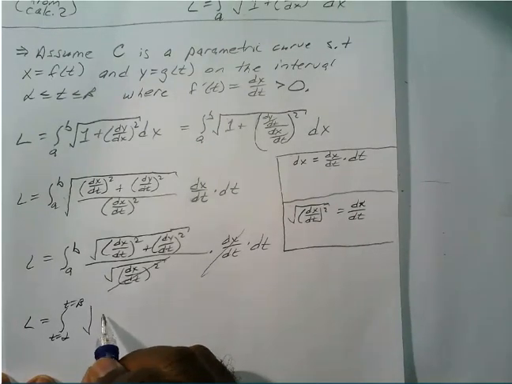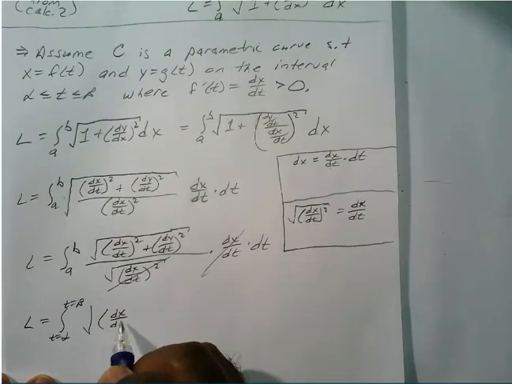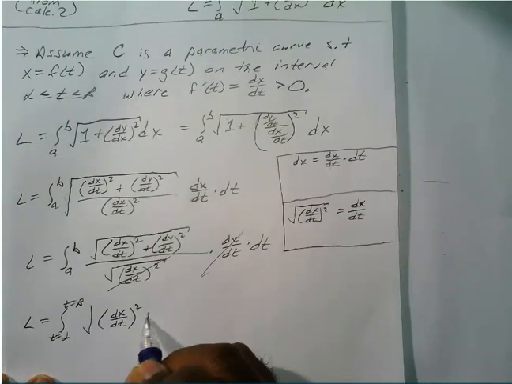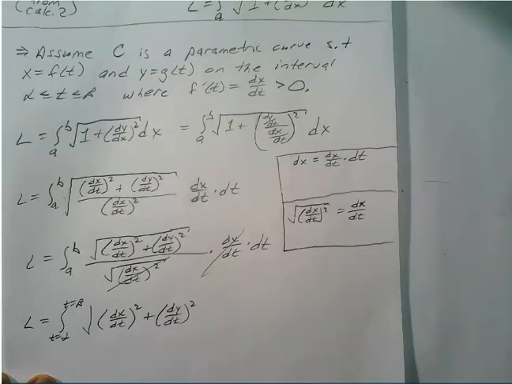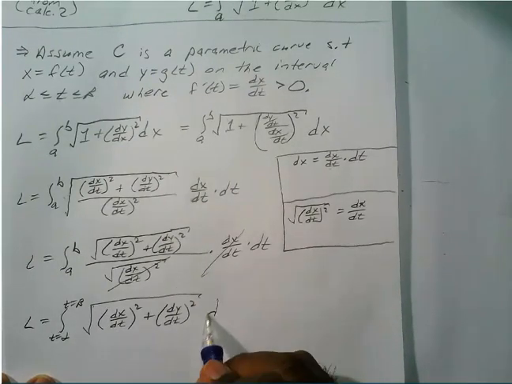The square root of dx dt squared plus dy dt squared with respect to t.